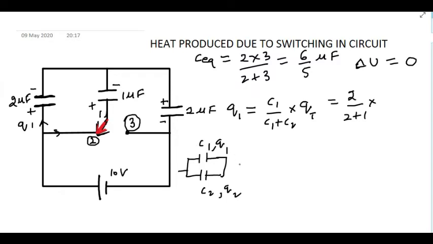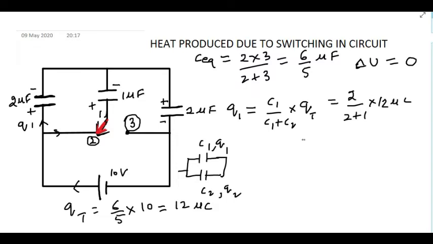So Q total is equal to the total equivalent capacitance 6 upon 5 multiplied by the total potential, which is 10 volts, giving 12 microcoulomb. This is the total charge.